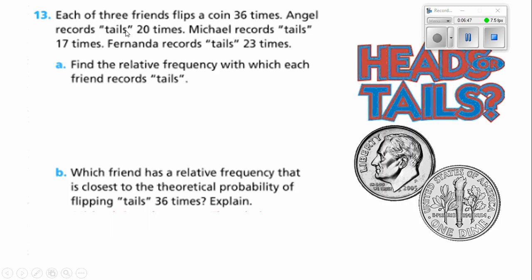Number 13, each of 3 friends flips a coin 36 times. Angel records tails 20 times. Michael records tails 17 times, and Fernanda records tails 23 times. Find the relative frequency with which each friend records tails.